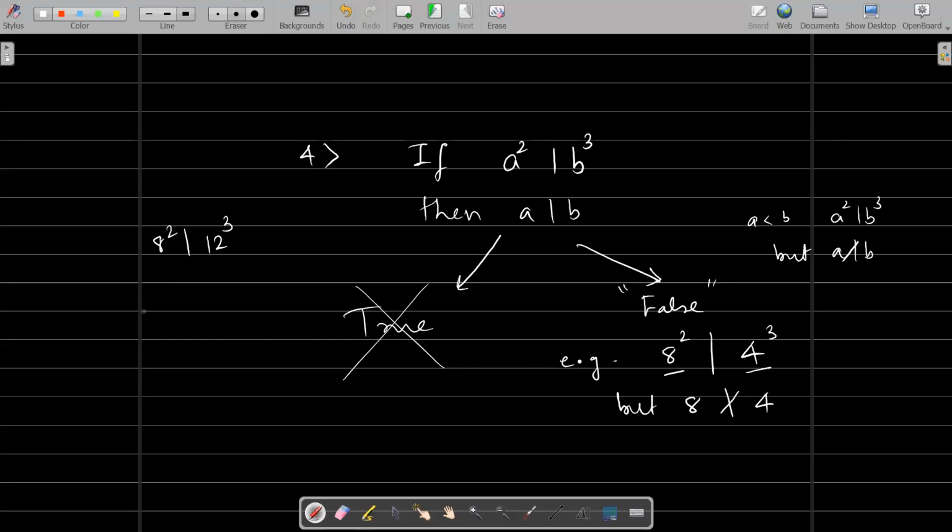Yes, sir, we can come up with other examples, like 27 square and 9 square, but 27 is greater than 9. So instead we can have 27 and 36. Yes, it will divide.